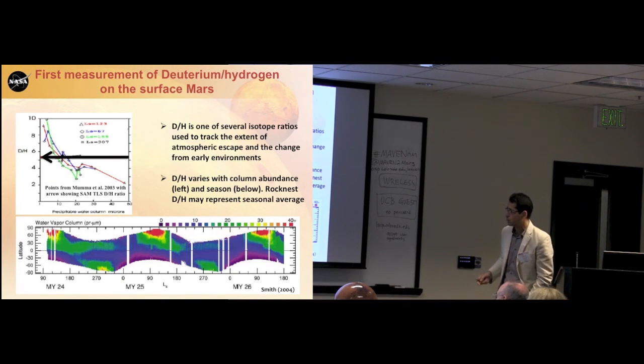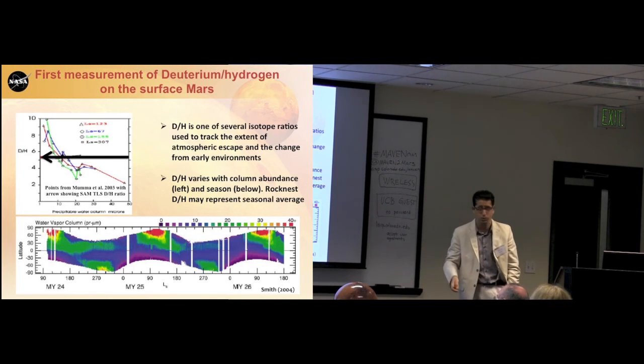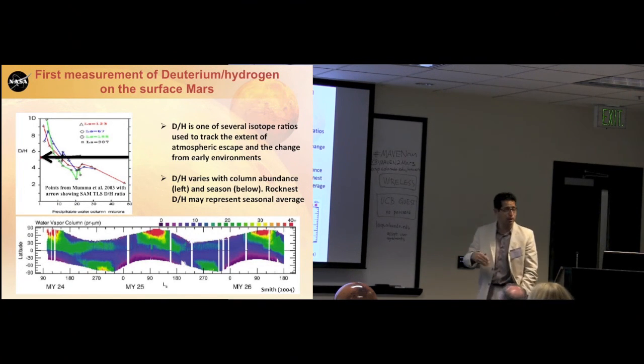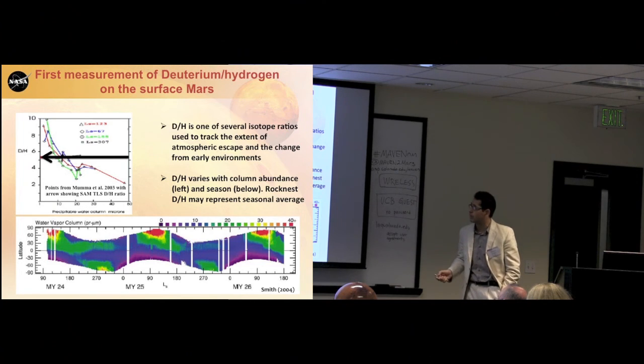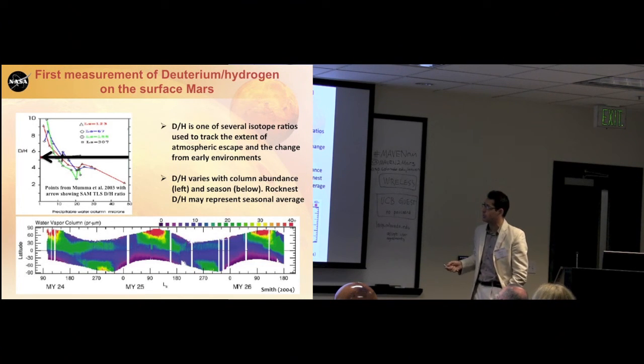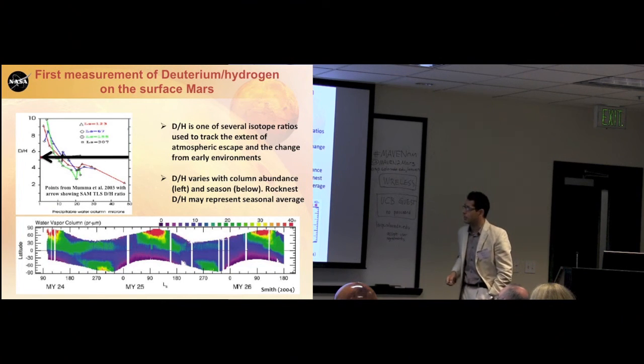It varies with how much water is suspended in the atmosphere, in microns of precipitable water. MoMA did a lot of work tracking that ratio versus the precipitable water over the different seasons. So each profile is a different season on Mars.